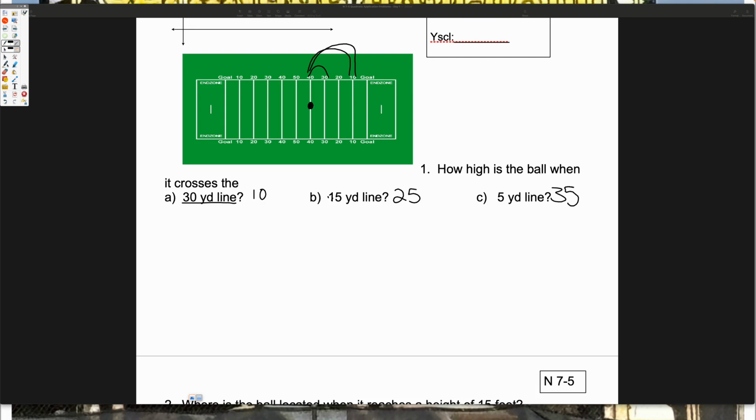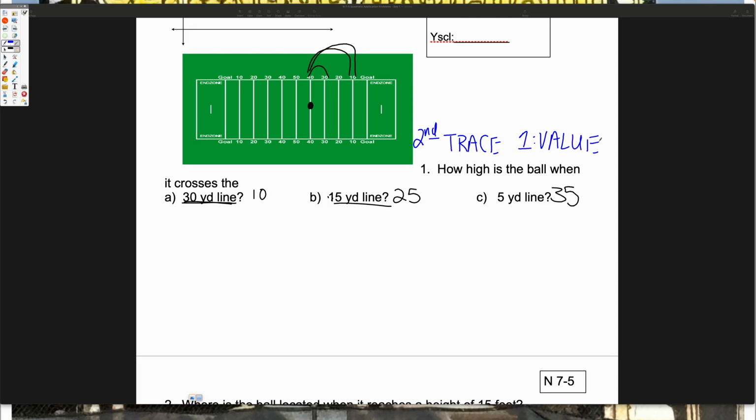Now, when a question gives you the x value, okay, these are all x values, the distance that it's traveled, and it's asking for a y value, we're going to do second trace and then the first option, 1, which says value. Okay, so second trace 1.